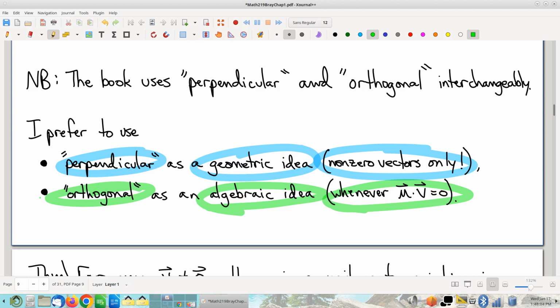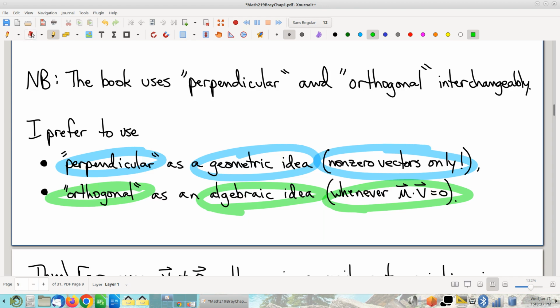So I try, and I've developed some bad habits over decades. I wasn't always as precise as I'm trying to be now, right? But I will try to always use the word orthogonal if I'm talking about dot product being zero, and I will try to always use the word perpendicular when I'm talking about something geometric, something about there being a right angle between two directions. And I urge you to try to stick to this as well.